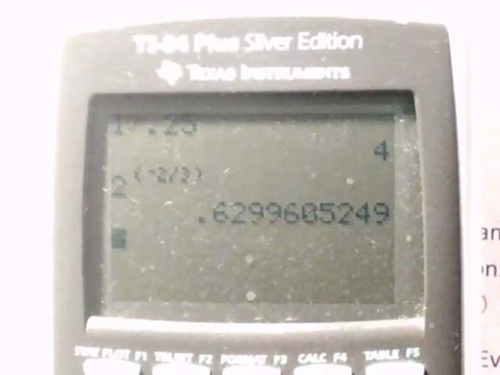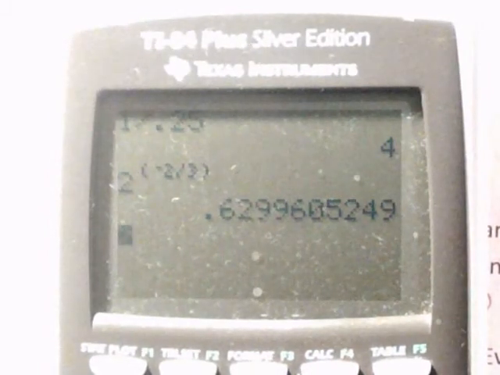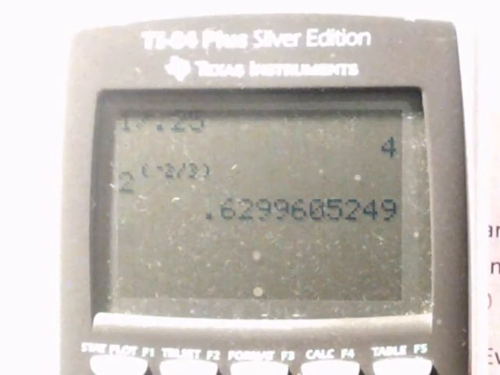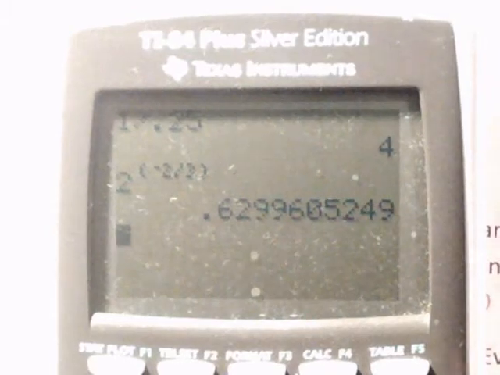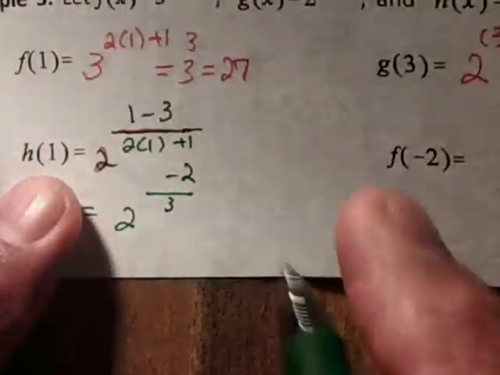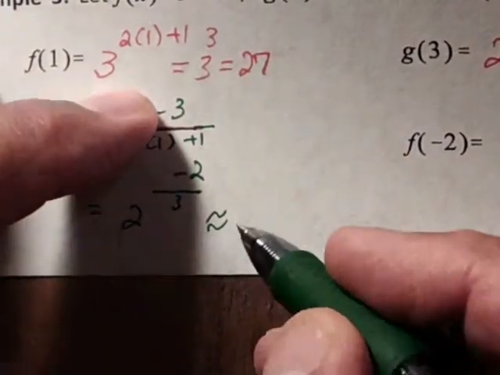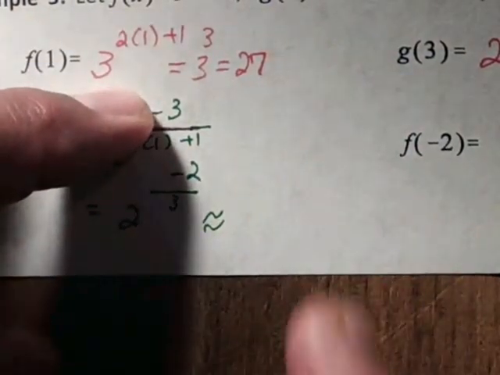So here I get an approximation. You get about 0.629, so I want to round it up to 0.63. Let's go back here. Let me say this is approximately 0.63.